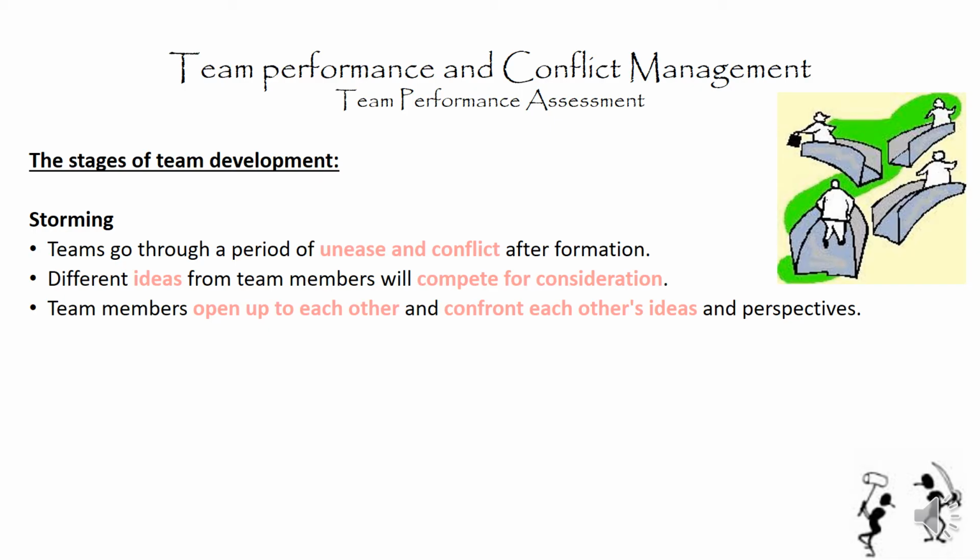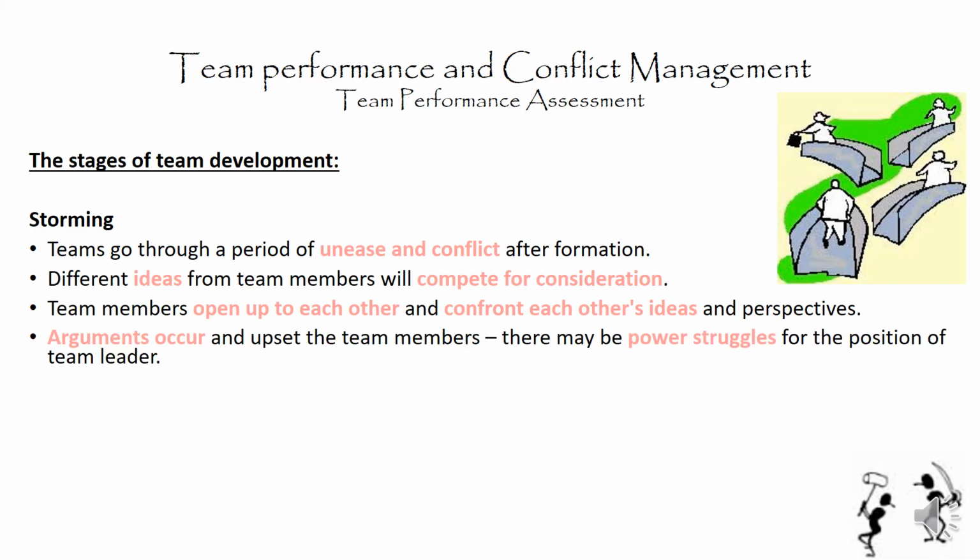So they're starting to confront each other just now and evaluating each other's ideas and perspective. So there's going to be a lot of arguments between different team members with obviously different opinions and different feelings about whatever is happening, and that might upset the team members. Also, there might be power struggles, okay, because now they need to find a hierarchy, right? So there has to be a team leader.